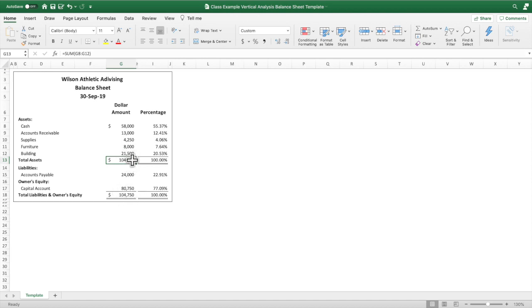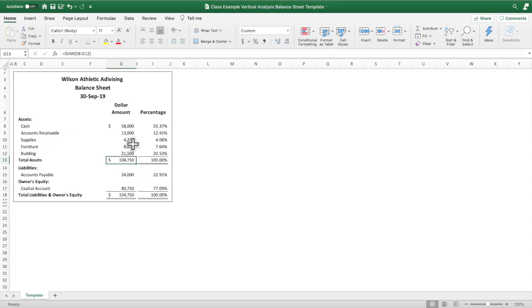All right, so this gives you a fuller picture of how the business is performing, especially when you complete this with the horizontal analysis. So if we take this number, the cash, and you divide it by your total assets, you have cash is 55.37% of your total assets.